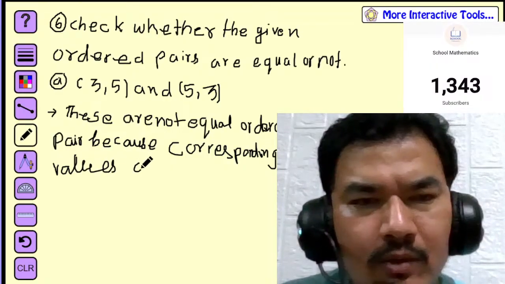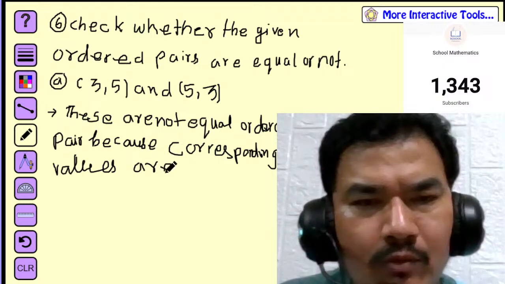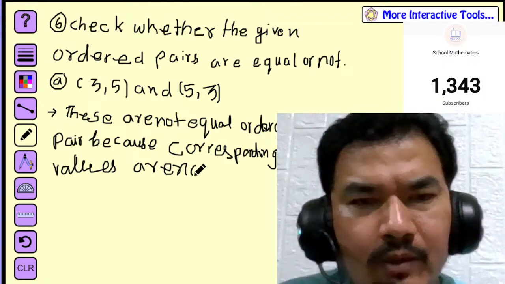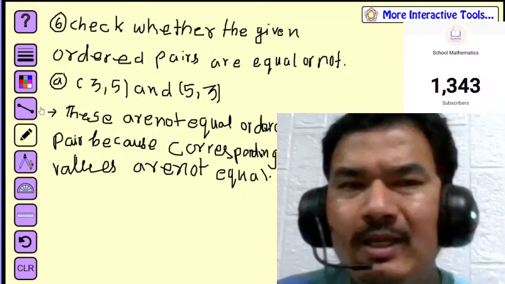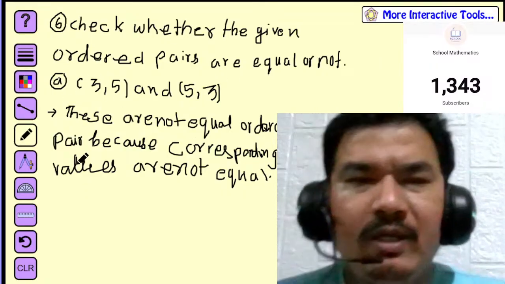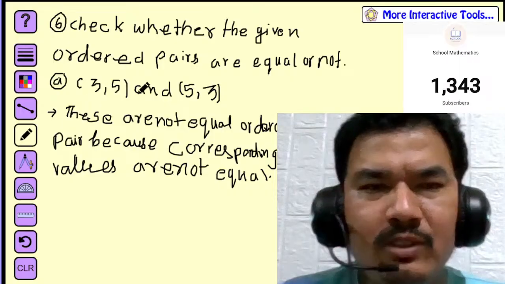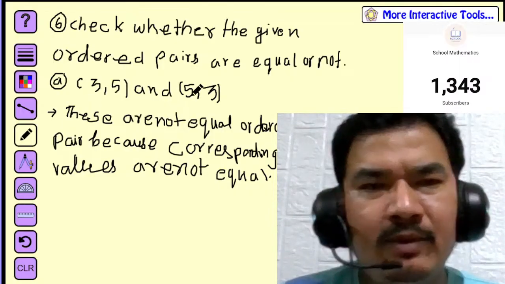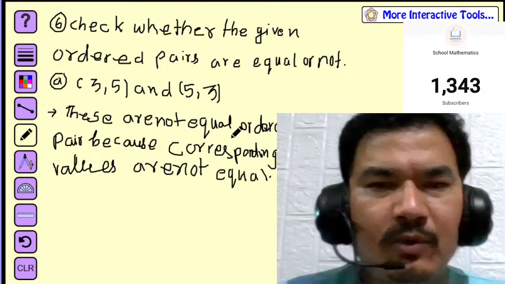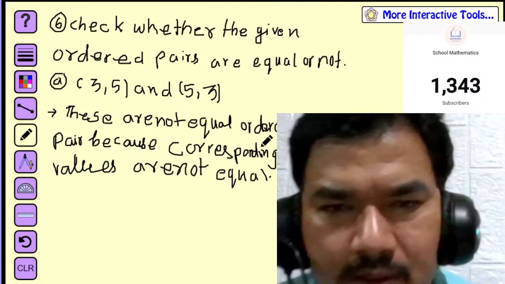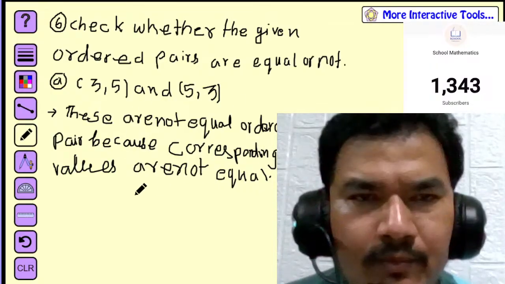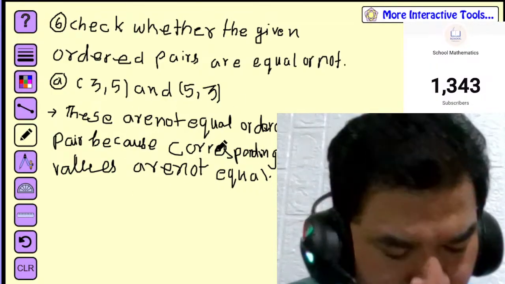Like this we have to write down the reason. Because the first is 3 here, and the first is 5 here, that's why they are not equal. Their corresponding values are not equal. Like this, children, you have to write down the answer for this type of question.